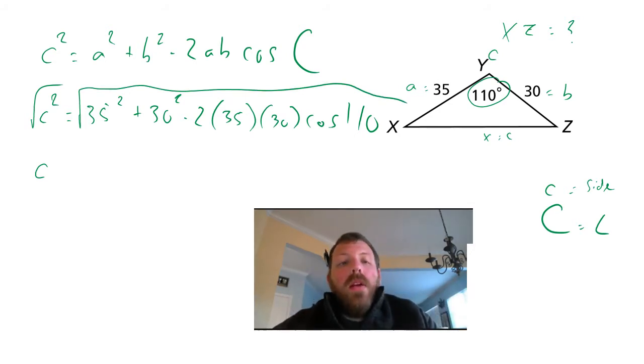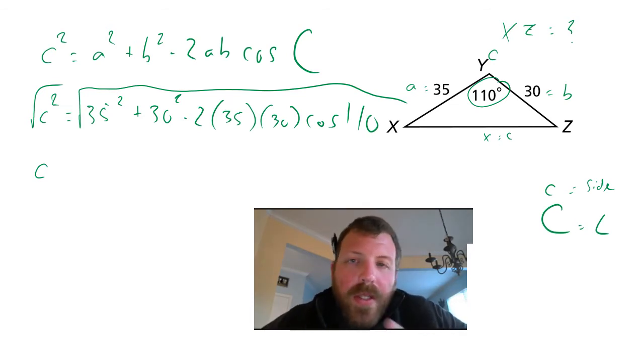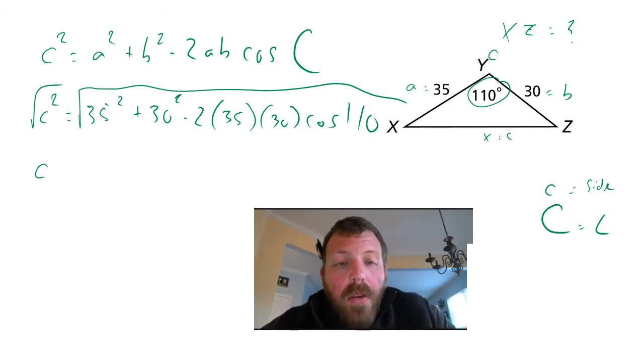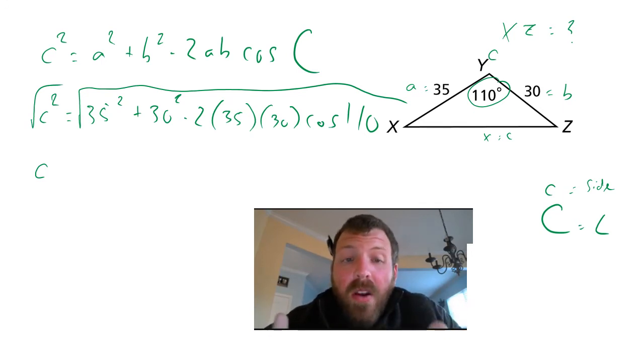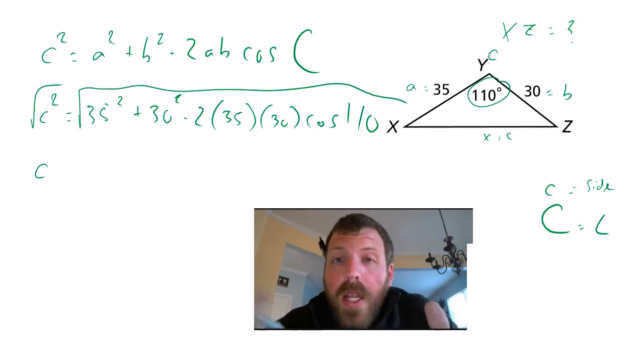I can use a calculator and take the square root of all that stuff. If you like to calculate things in chunks, you can figure out what 35 squared is, what 30 squared is, and what negative 2 times 35 times 30 times the cosine of 110 is. Then put them all together and square root.